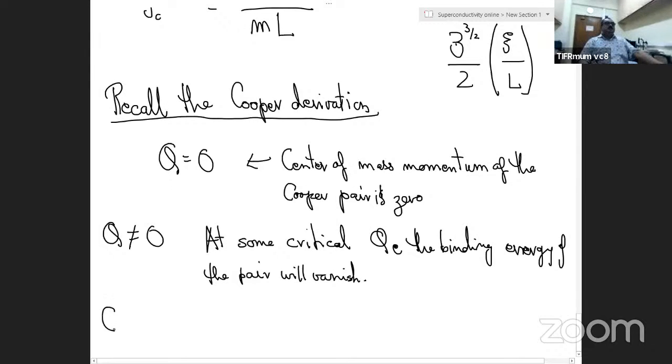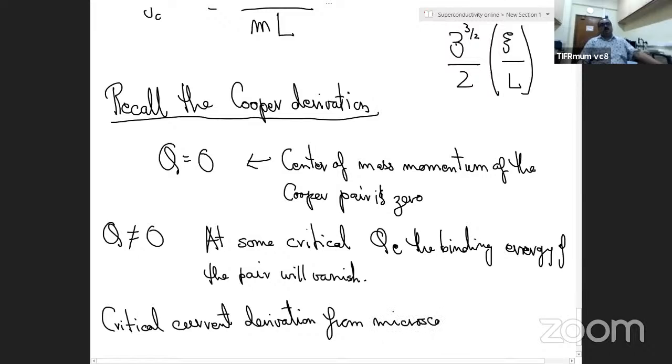So this is the critical current derivation from the microscopic theory.